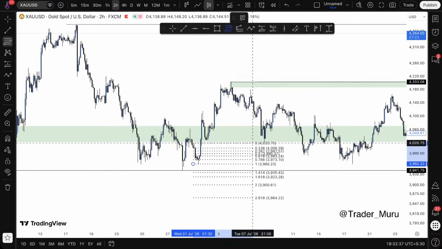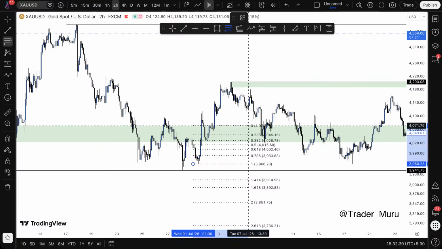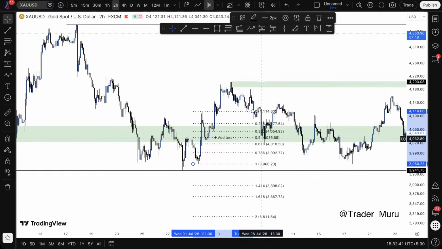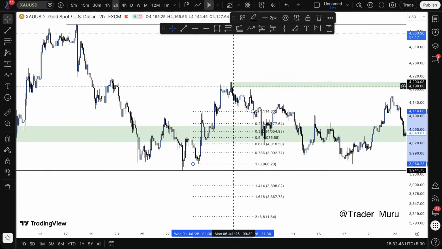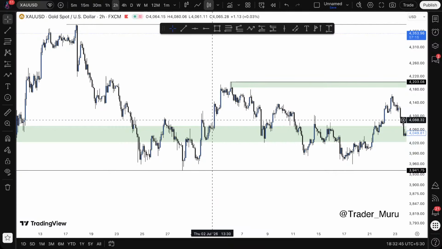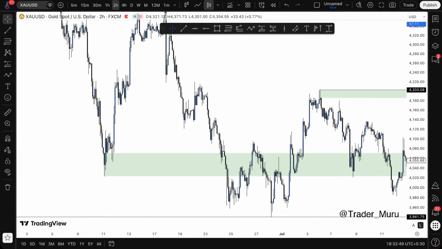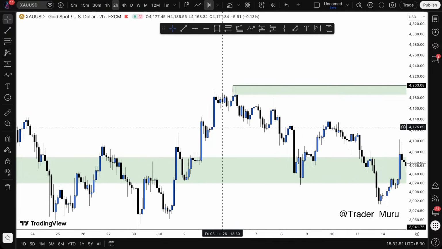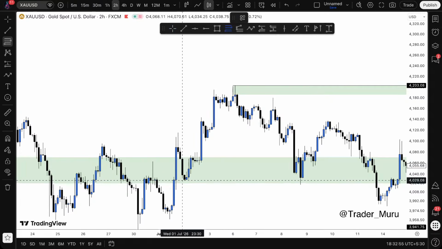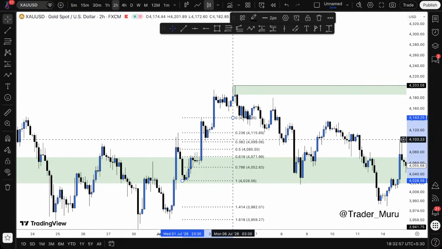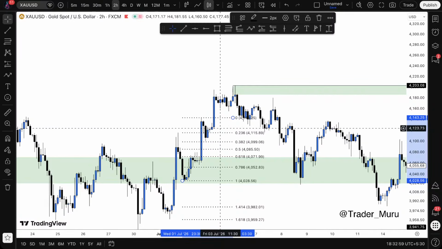It will pump from 50 to 30%. Here it's just 50%, and from here it can again pump. When the trend is fully mature it will not even test your 50%. It will pump from 23 to 30%. This is your mature trend. Again pump.